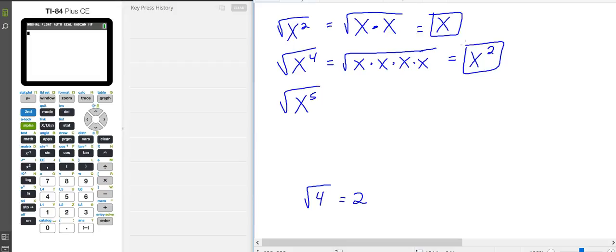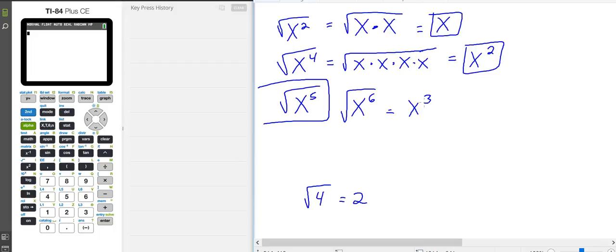Let's try another one. We're going to skip x to the fifth for now. Let's try x to the sixth. What's the square root of x to the sixth? Is there some number we can multiply by itself that will give us x to the sixth? And there is. X to the third times x to the third will give us x to the sixth, because when you're multiplying variables with exponents, if they have the same bases, you can just keep the bases and add their exponents.